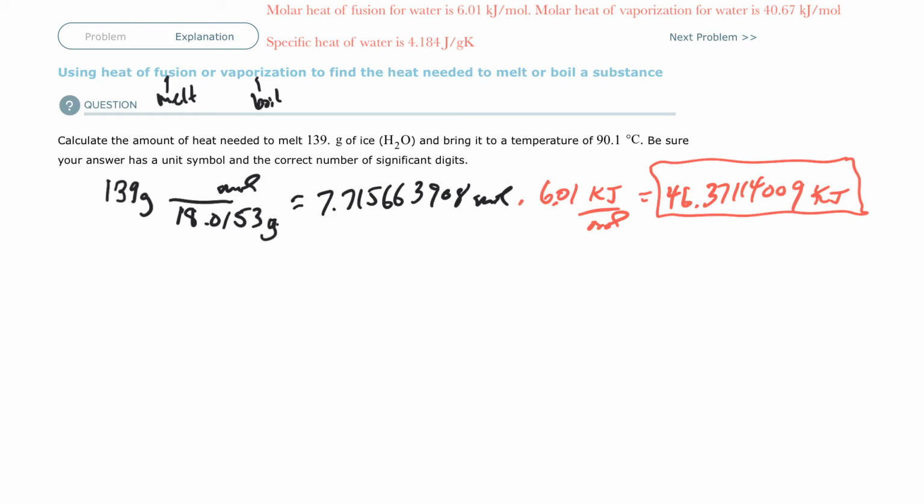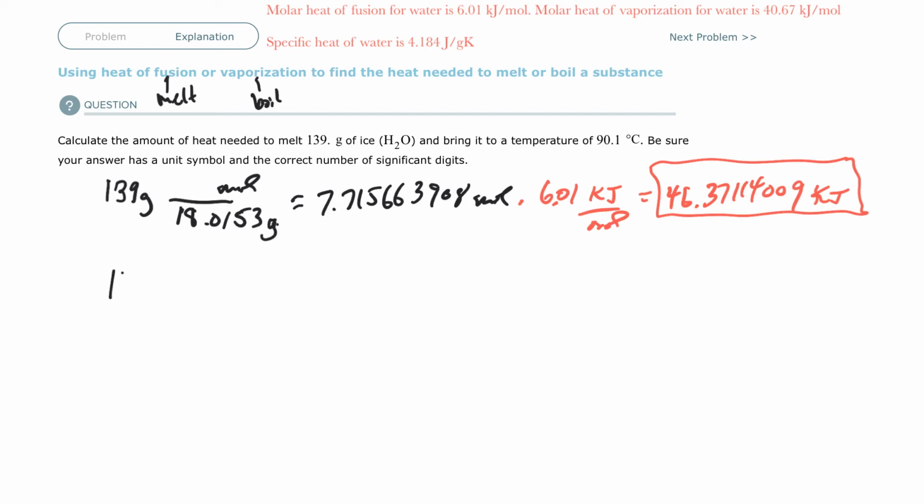So if you look at the specific heat of water again, it's joules per gram. So I don't need moles like I did before. I just need grams, and I already have 139 grams. So I'm going to start again. This is the amount of energy it takes to raise it all the way up to 90.